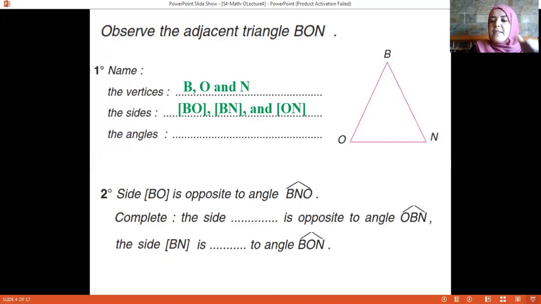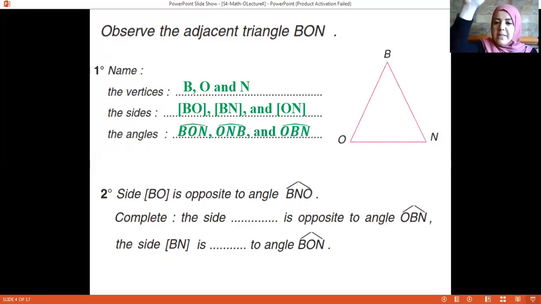The first angle is BON, ONB, and OBN, so three angles. If you check the angles, the vertex of the first angle is O, the vertex of the second angle is N, and the vertex of the third angle is B. So, three sides, three vertices, and three angles.